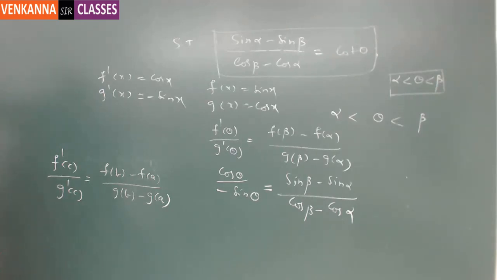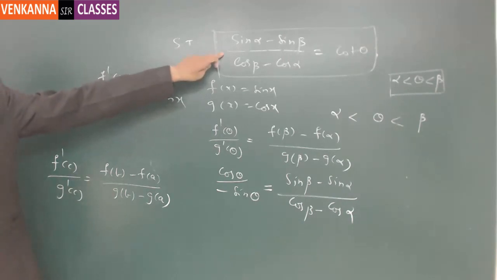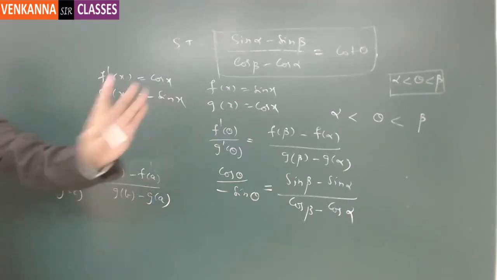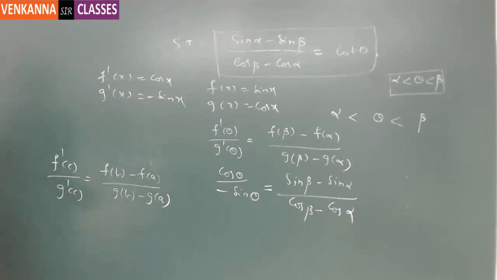That's it. Okay. Because this thing is not always true for all values of alpha and beta. There may be some violations. For this, he has given the upper and lower boundaries for alpha and beta.